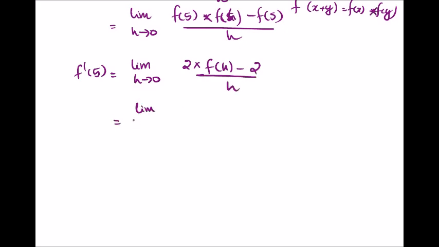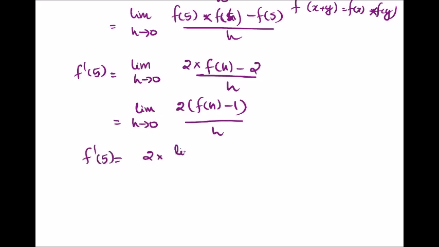Limit h tends to 0, 2 into f of h minus 1 divided by h. 2 is a constant, so I'll take it out. F dash of 5 is equal to 2 into limit h tends to 0 f of h minus 1 divided by h. So mark this as equation 1. We will use it later.